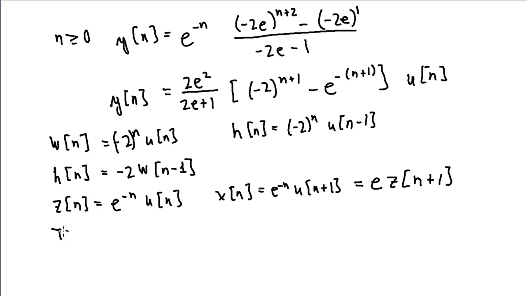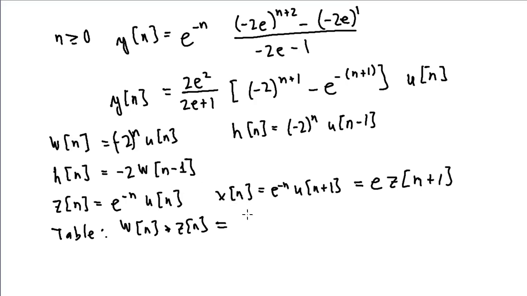So from the convolution table, I get that w of n convolved with z of n, these two exponential sequences, is directly from the table, just plugging values in. In one case, gamma 1 is equal to minus 2, and the gamma 2 value would be e to the minus 1.